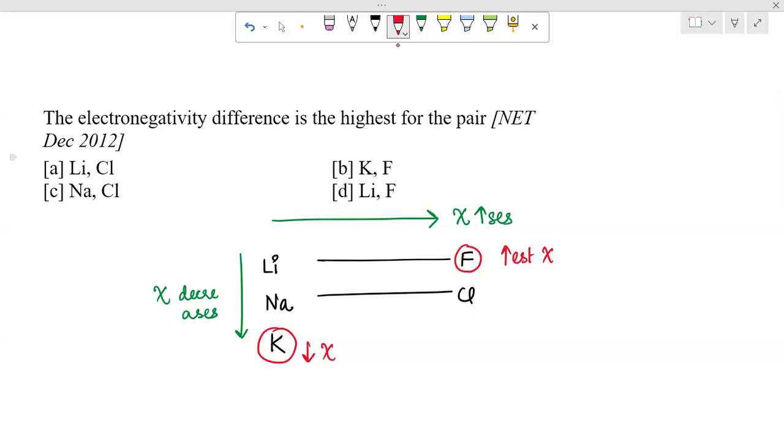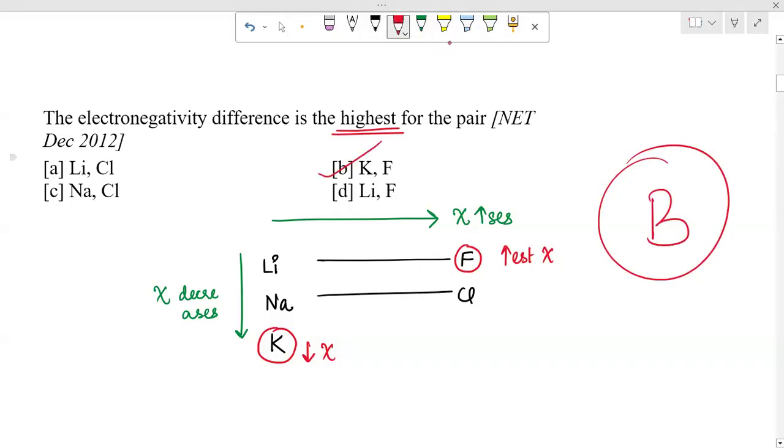The question is, the electronegativity difference is the highest. It will be the highest for, see what are the options? Lithium and chlorine. Potassium and fluorine. Highest one minus lowest one will of course have the greatest difference. Correct? So now no doubt the correct option is option B.